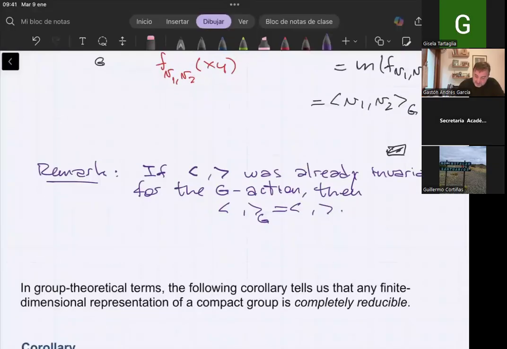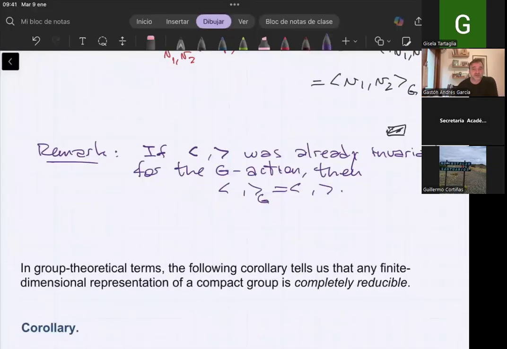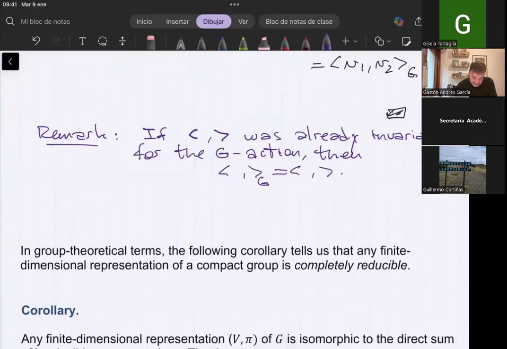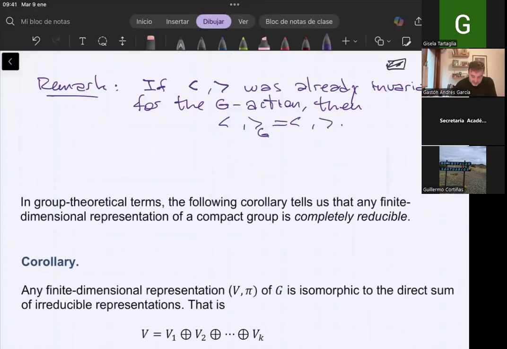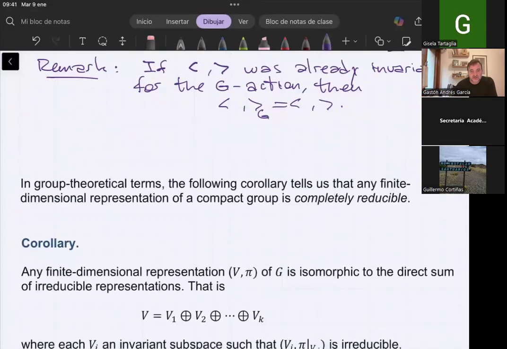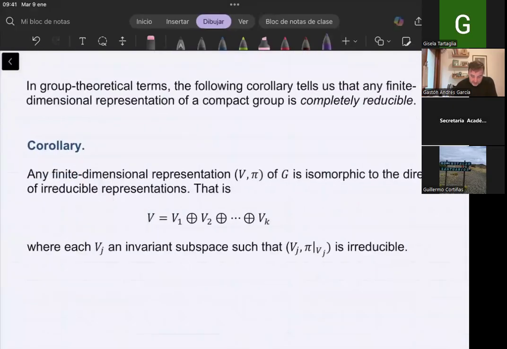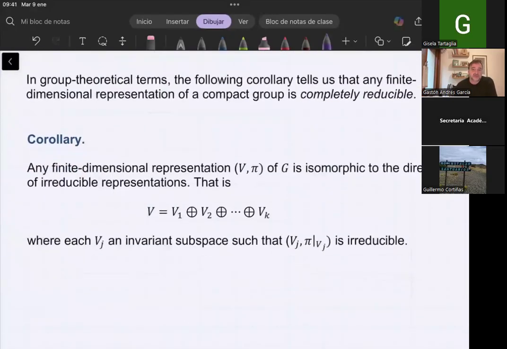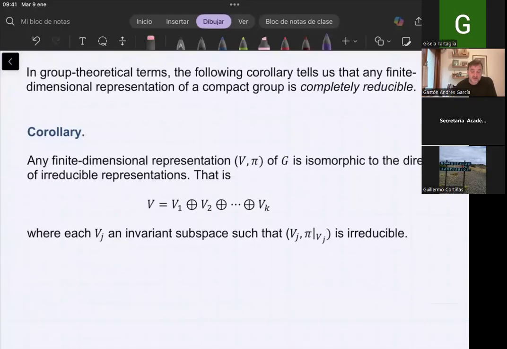So if the inner product was already invariant, we are not changing the inner product, yes? Okay, so using this inner product, we arrive at our first important result, which is a corollary of the proof I just gave you: any representation is a sum of irreducible representations.